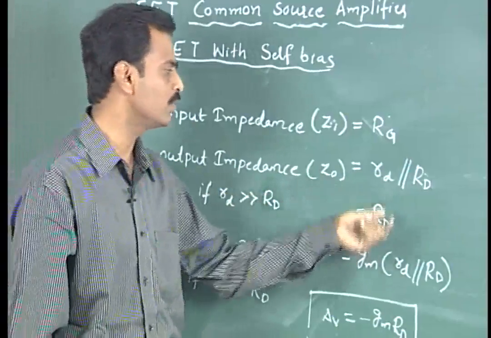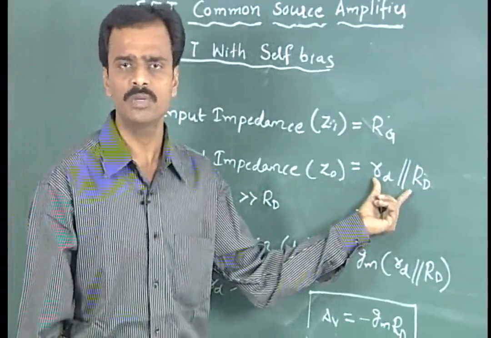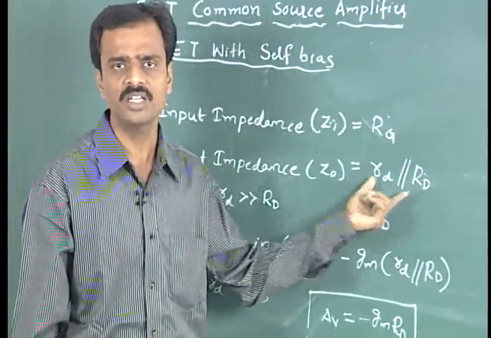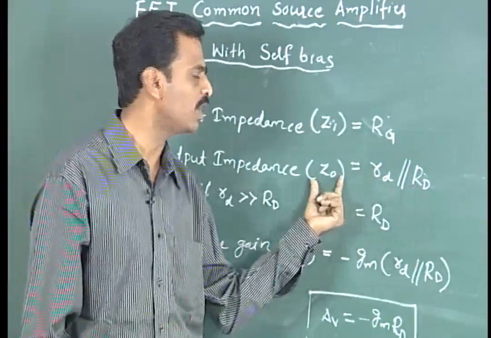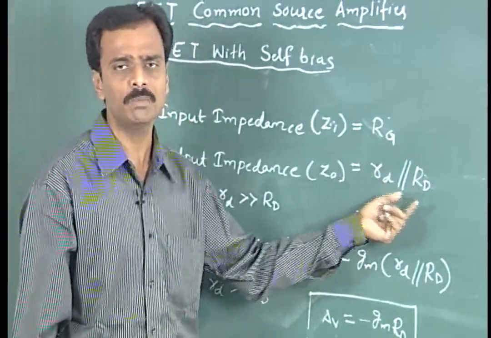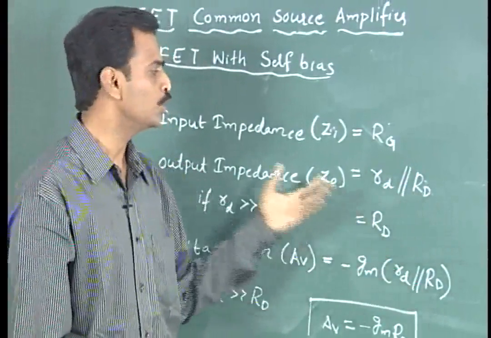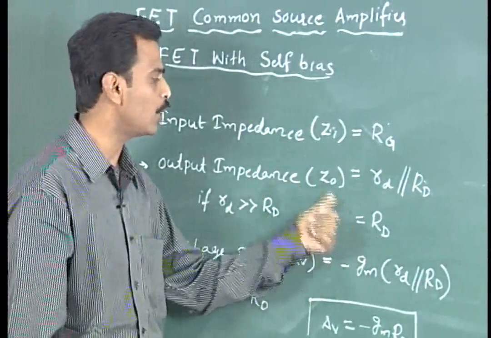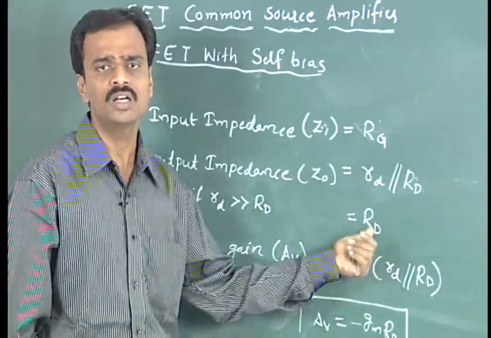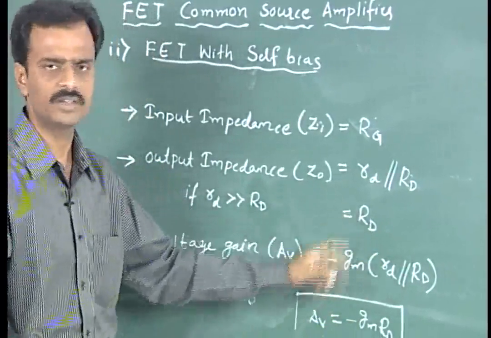Because of which we get the output impedance only due to the resistances rd and RD. As those two are in parallel, the total output impedance will be equal to rd parallel with RD. If rd is very much greater than RD, then the output impedance will be only due to RD, that is the drain resistance.